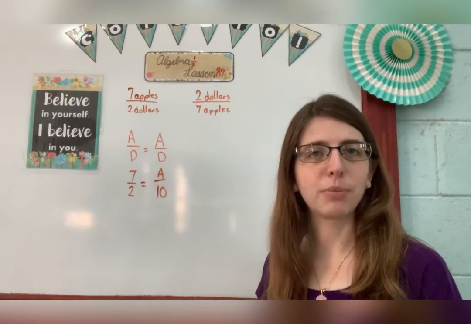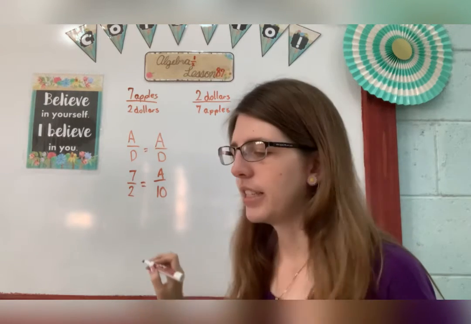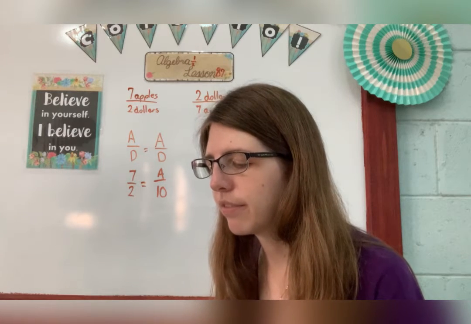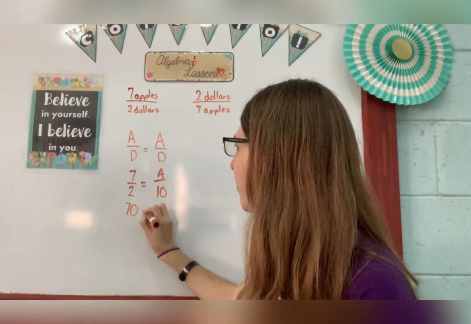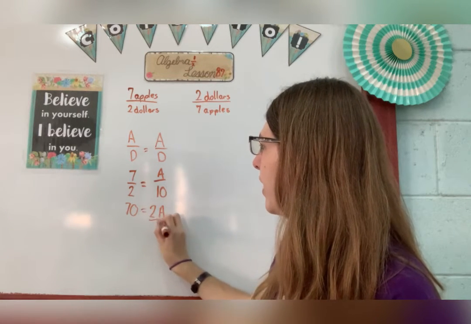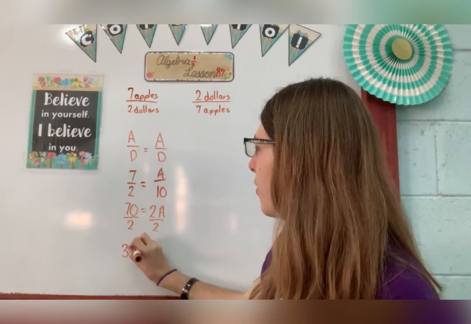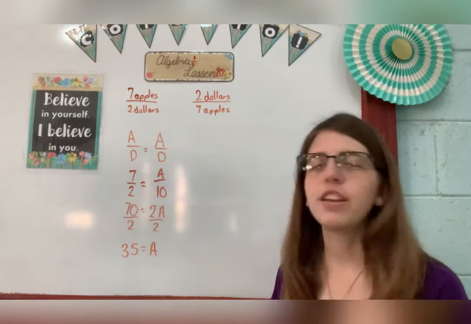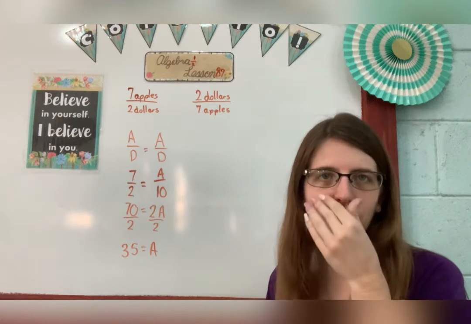Then I cross multiply to solve. 7 times 10 is 70. And 2 times A is 2A. Divide by 2. Divide by 2. I get 35 equals A. So I get 35 apples for $10, just like I found in the first one.